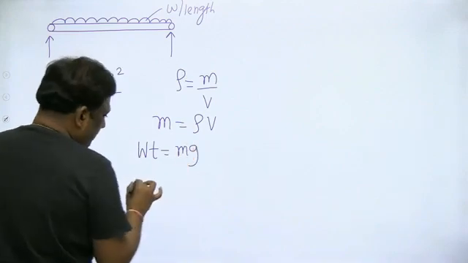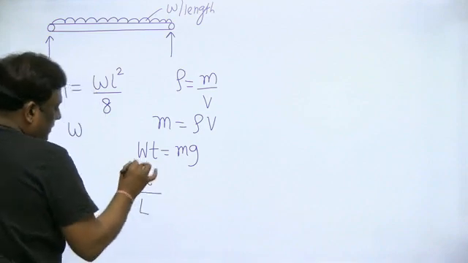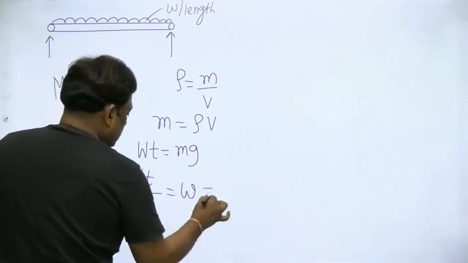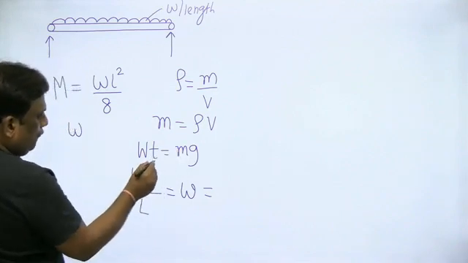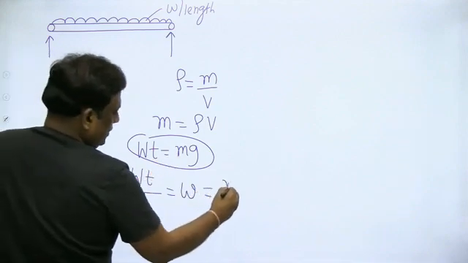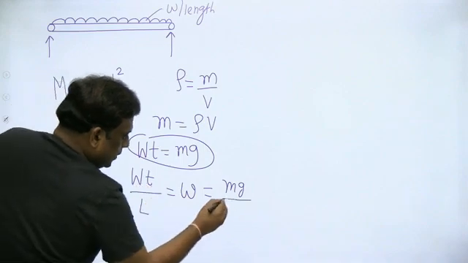So the weight per unit length is small w. Already you know weight. What is that weight? Weight is mg.